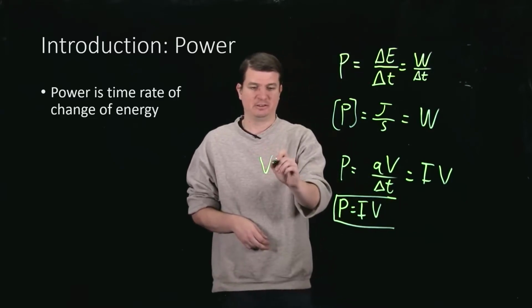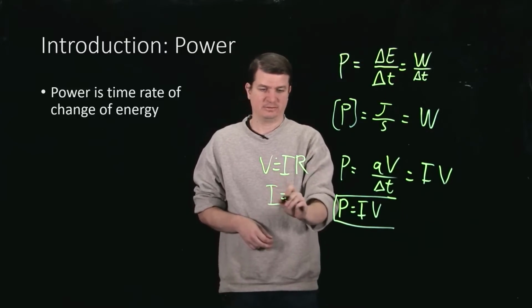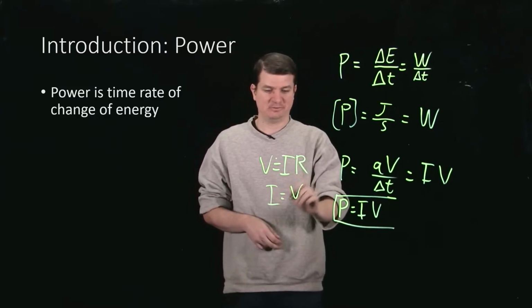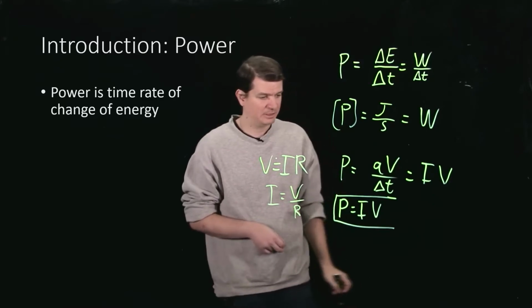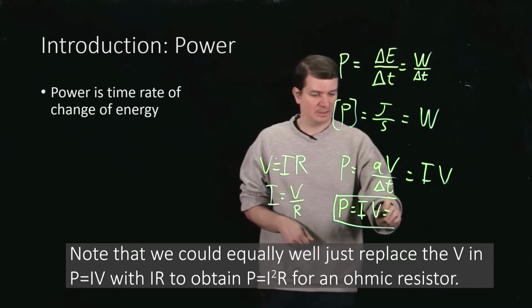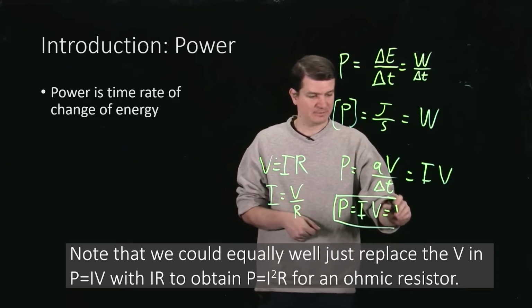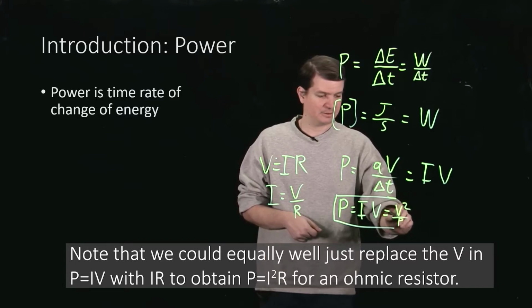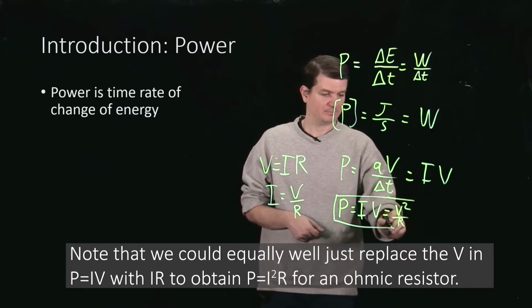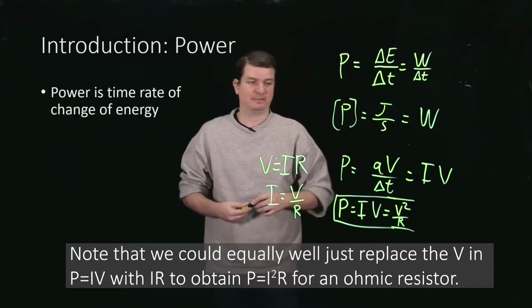Put that here. In that case, I is just equal to V on R. And so I can replace the I in my expression for the power and get that the power is V squared on R. Okay, so that's another valid form.